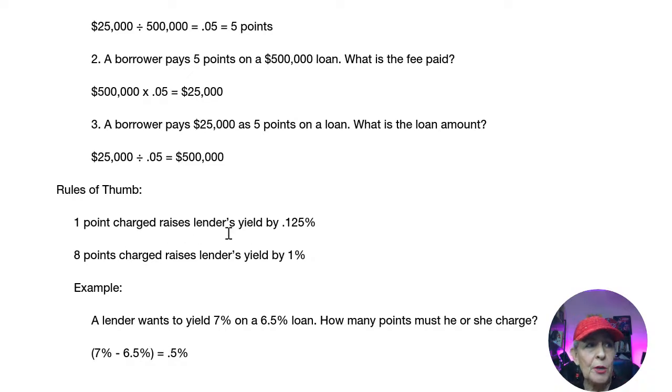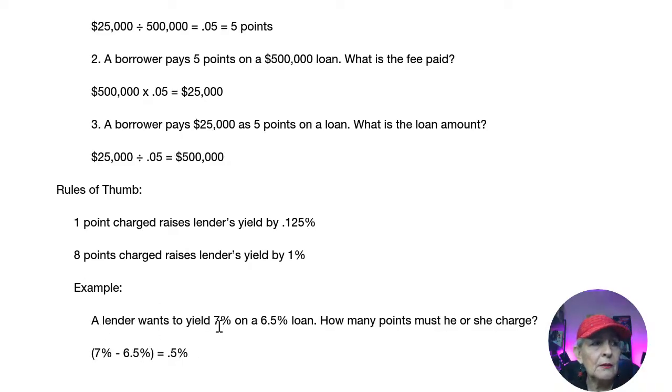Rules of thumb. 1 point charged raises the lender's yield by 0.125%. 8 points charged raises the lender's yield by 1%. So if a lender wants to yield 7% on a 6.5% loan, how many points must he or she charge?